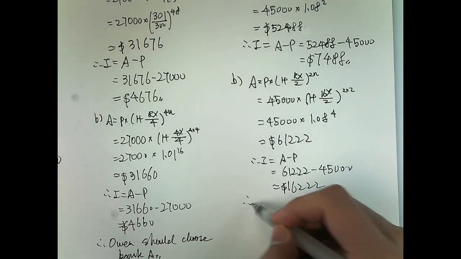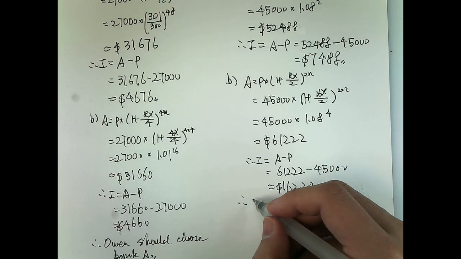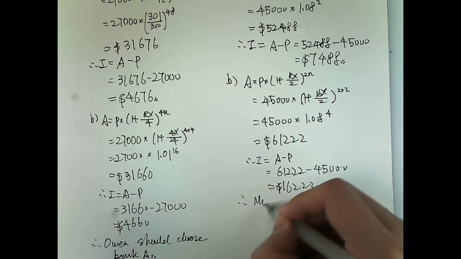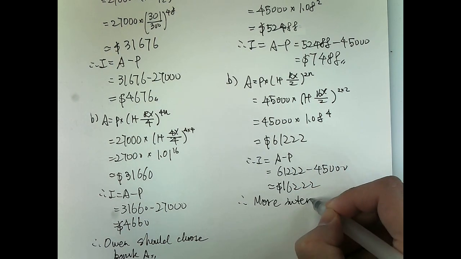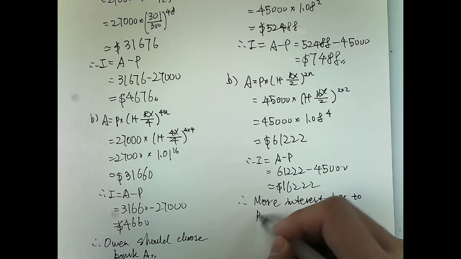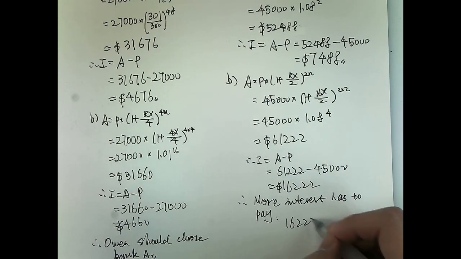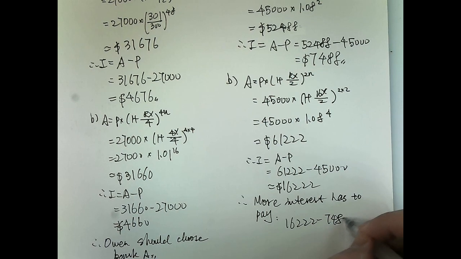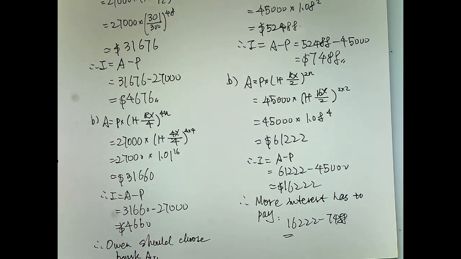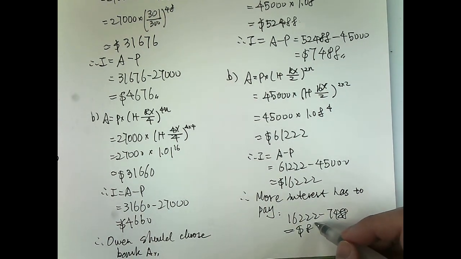So more interest to pay should be 16222 minus 7488. Then you calculate. So it should be 8,734.